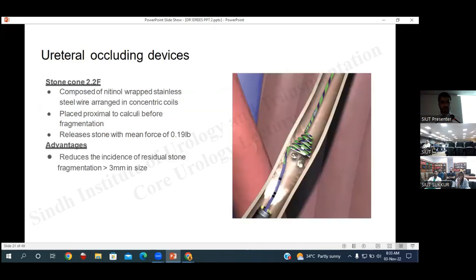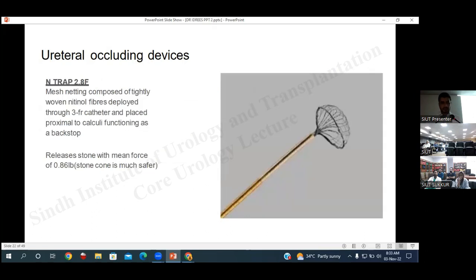Now the ureteral occluding devices. Stone Cone 2.2F is used to prevent stone retropulsion, and it is placed proximal to the stone before the fragmentation. It is made of nitinol and stainless steel wires. And the second one is NTrap.